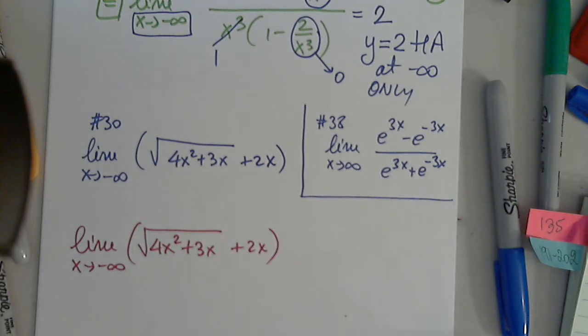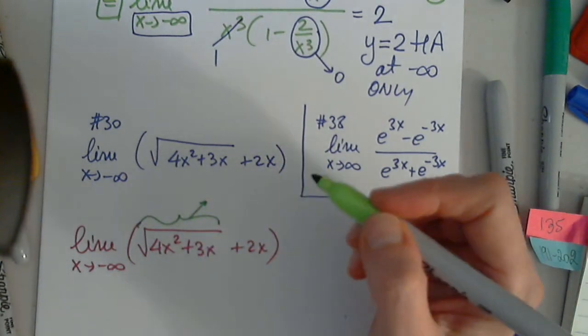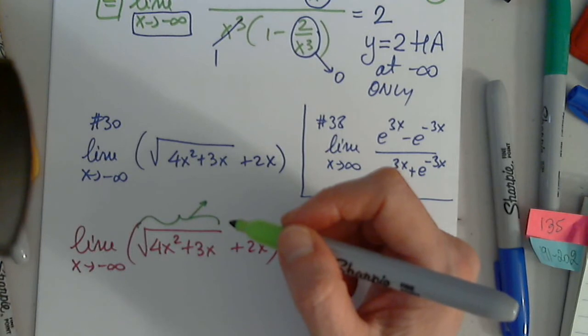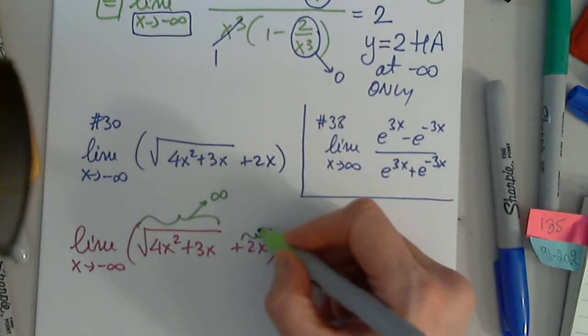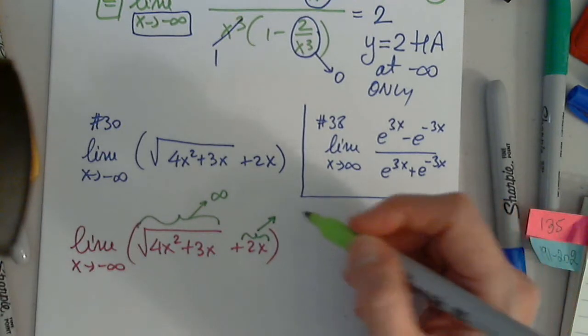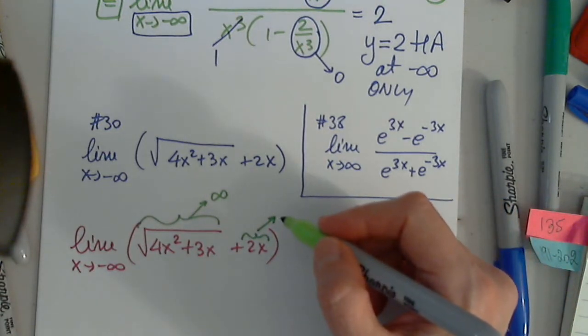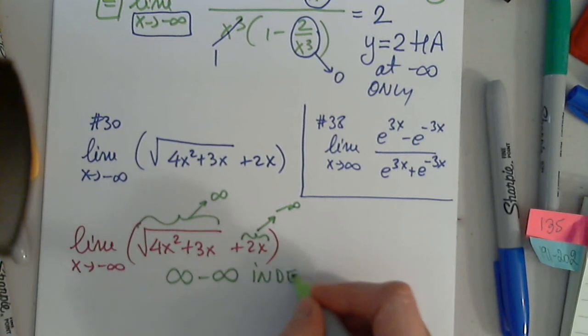Very good. Great job. Thank you. So where is this going? Towards infinity. Very good. Where is this going? Towards infinity. Careful. Towards negative infinity. Right. So infinity minus infinity is an indeterminate case.